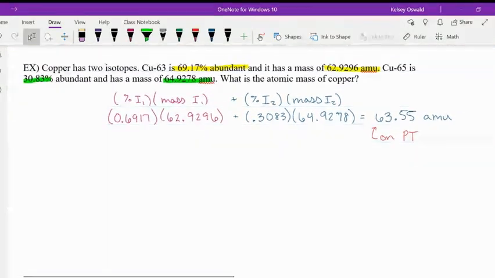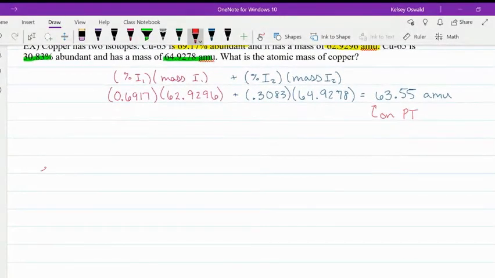We're going to look at one more example. In this example, we are looking at lithium. Okay, so we know one isotope of lithium is 7.59% abundant.